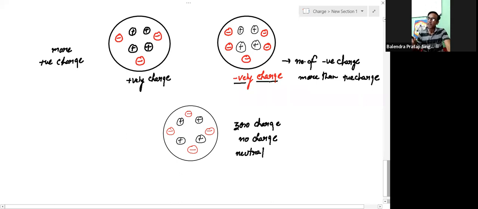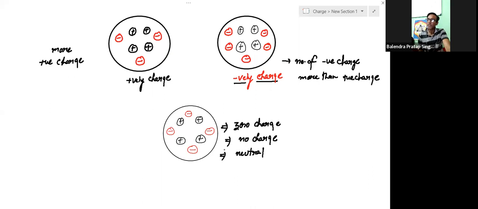And if the numbers of negative and positive charges are equal, then we call it neutral, or zero charge, or no charge. Net charge is zero, so this body has no charge or is neutral in behavior.